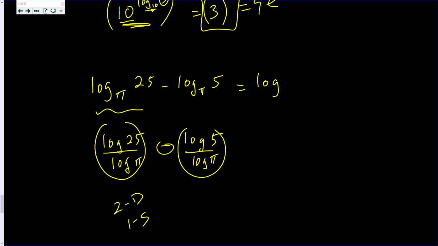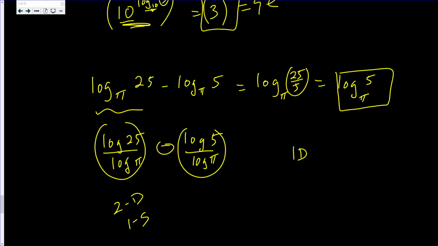If you combine the first two, you'll get log base 5 of 5. So I did 1 division. That's it. Here I did 2 divisions with my calculator, and then I did a subtraction. Here I just did 1 division, and I got 5.